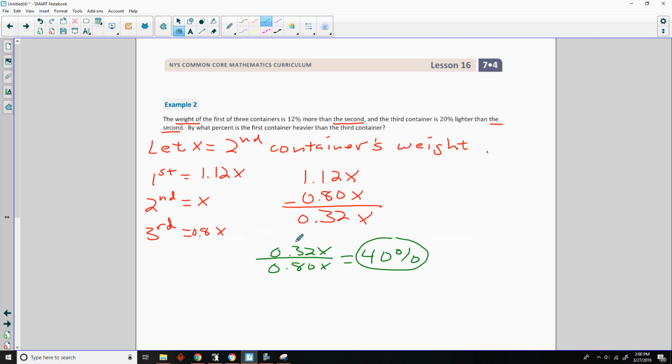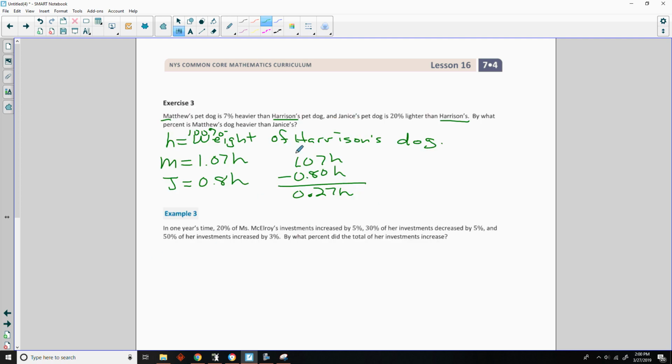Now remember what we did back here. Once we got our answer, we divided it by the third container, for what percent the first container is heavier than the third. So we take the difference and divide by the third.